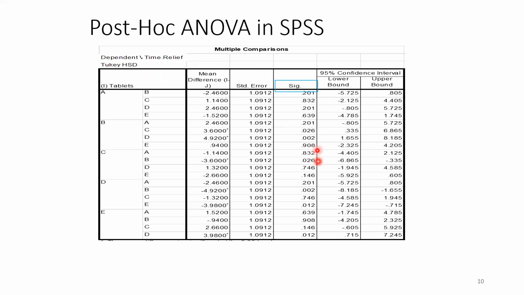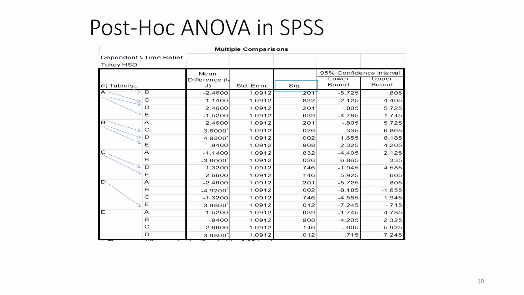What is this table referring to? It is actually the comparison of each tablet with another one. For example, the comparison of A with B, A with C, and A with D. Similarly for all the others, and there are repetitions also.